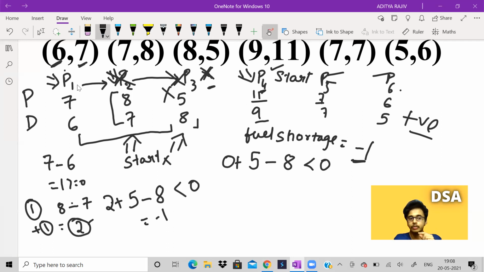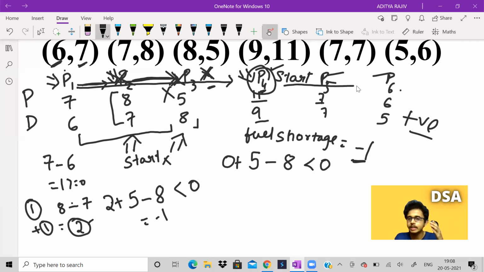No. We also have to consider how much fuel shortage was there over here. This is what I used to solve this problem. I basically calculated the fuel shortage amount also. So if we are at a particular starting point, I need to know how much fuel shortage there had been from the starting, from the first petrol pump onwards.